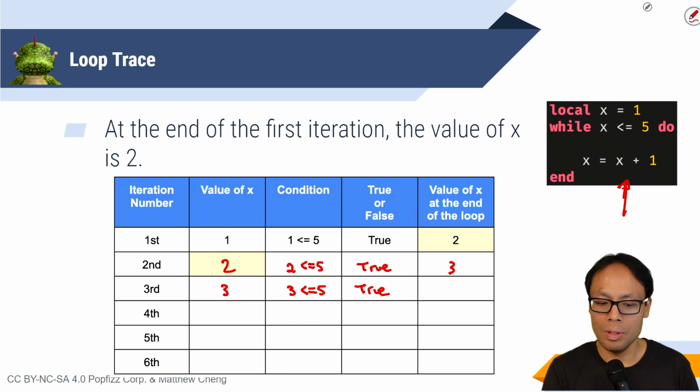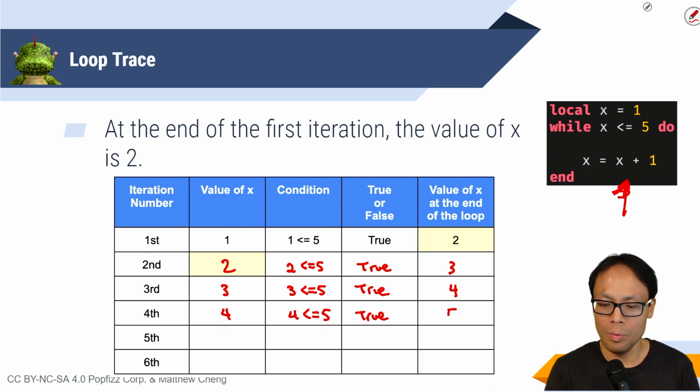And so now we have this again. So 3 plus 1 is 4. We have 4 over here. Now we have 4 less than or equal to 5. That is true. And then again, we have over here x equal to x plus 1, which is 5. 5 comes down here.